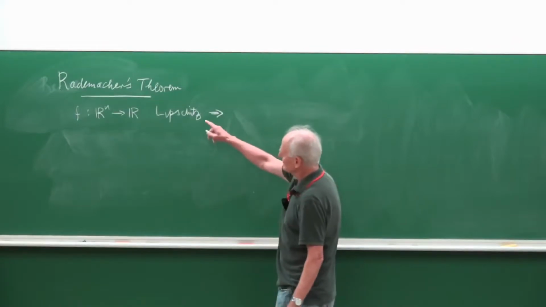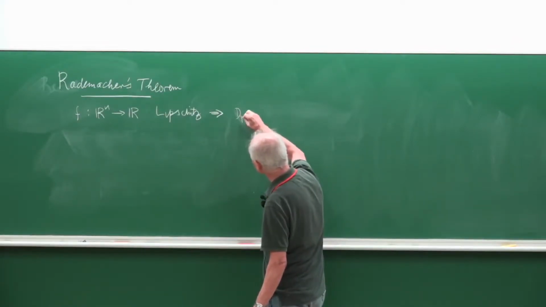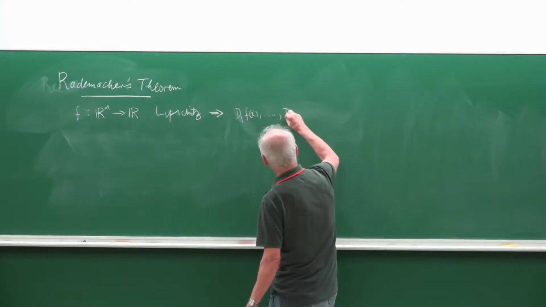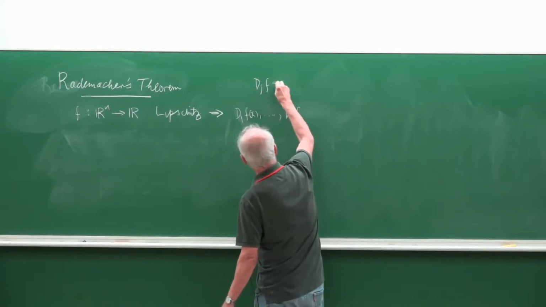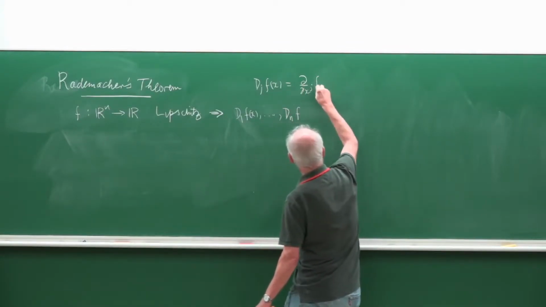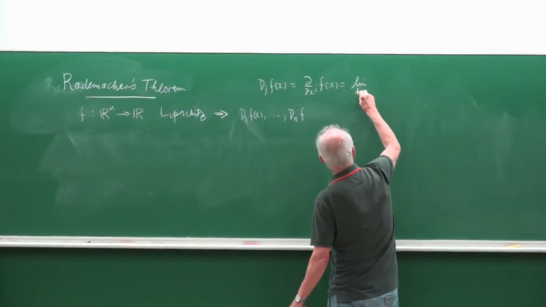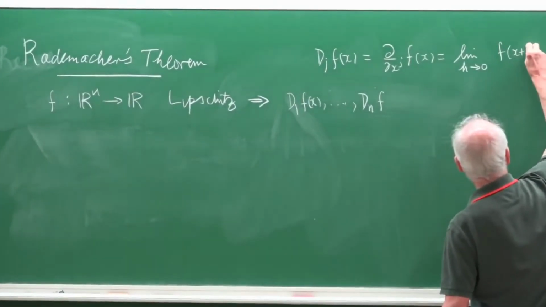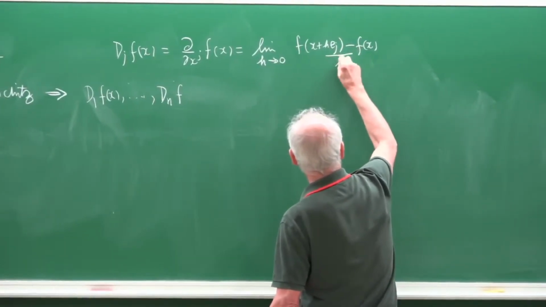So I claim that f Lipschitz implies that all the partial derivatives exist, at least almost everywhere. So you take the partial derivative. So d_j, just as usual, means the partial derivative with respect to x_j of f at x. That means the limit as h tends to 0 of f(x plus h e_j) minus f(x) over h.